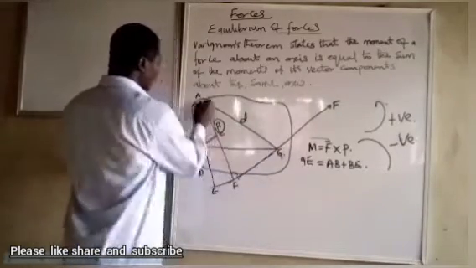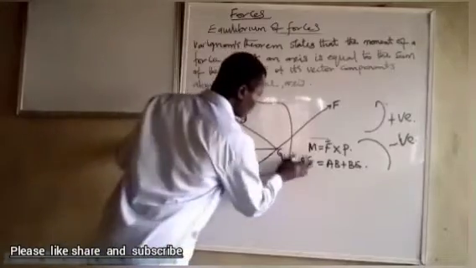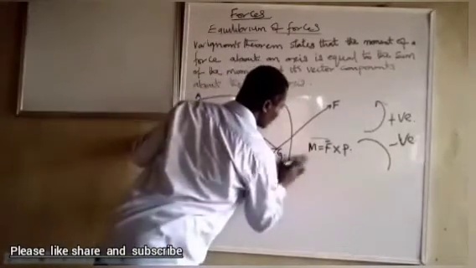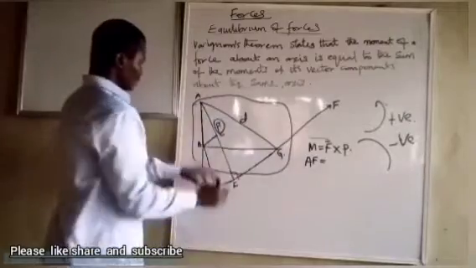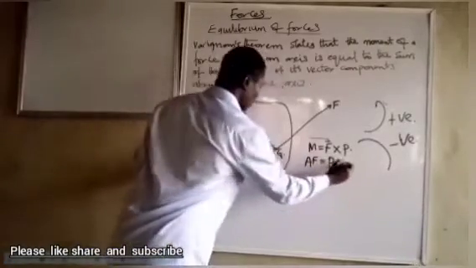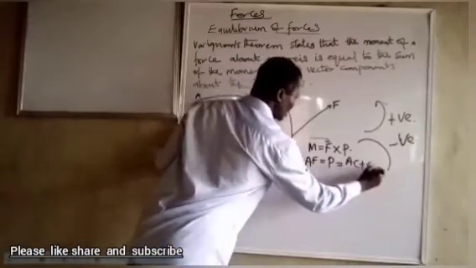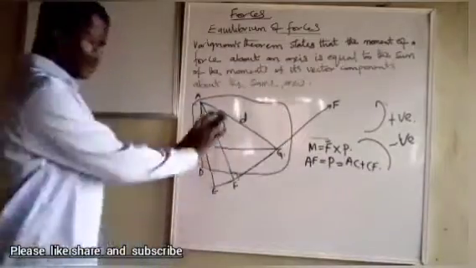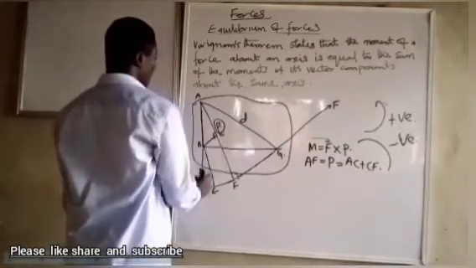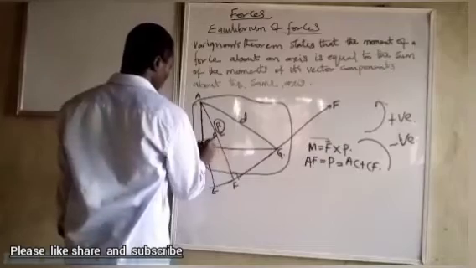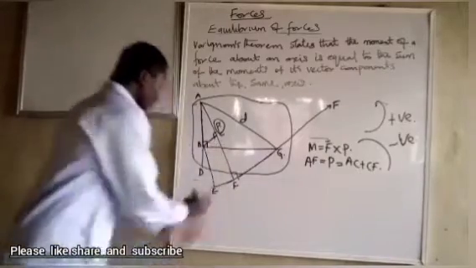Now, if you look at the distance AF, it is equal to P and is equal to AC plus CF. Let's establish that this one and this one, and this place is perpendicular here, and this one too is perpendicular here. You can see.